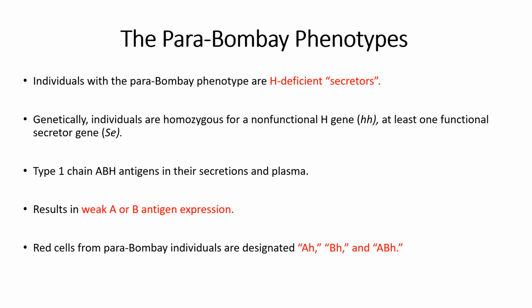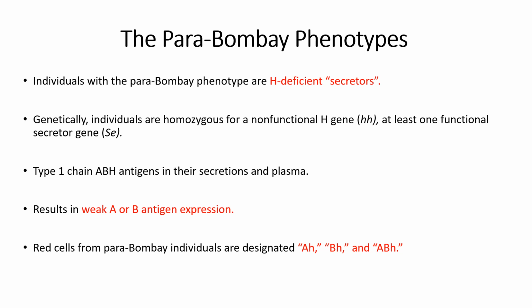Now, suppose you have an H deficient secretor. That means your FUT1 gene is absent, but your secretor gene, the FUT2 gene, is present. So you will have red cells which are devoid of the H antigen, but your secretions will have the H antigen. They are not just present in the secretions, they are even present in the plasma, and they keep interacting.